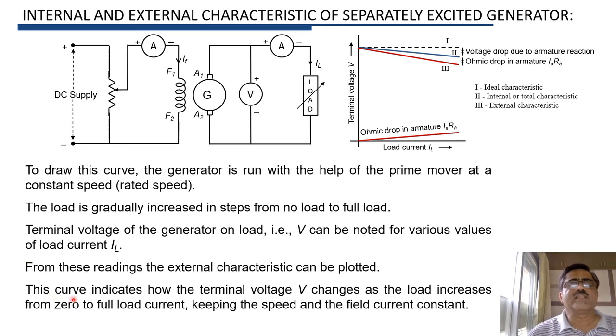Now this external characteristic indicates how the terminal voltage V changes as there is increase in load from 0 to maximum, while the speed and field current are constant. That's why this characteristic is very important, because it shows the variation of terminal voltage V with change in load.